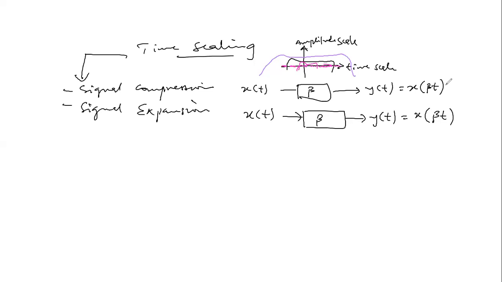Now, in terms of operation, whatsoever we have as beta, if it multiplies this, then at what value will it compress the signal?